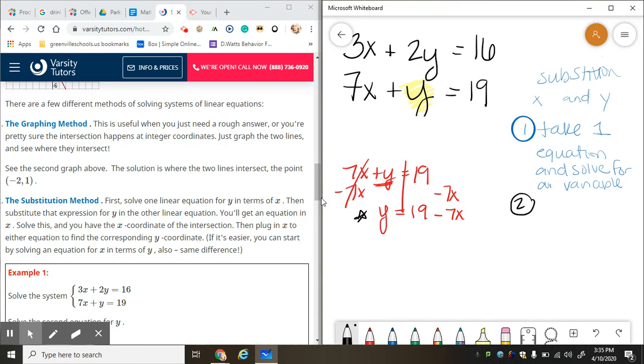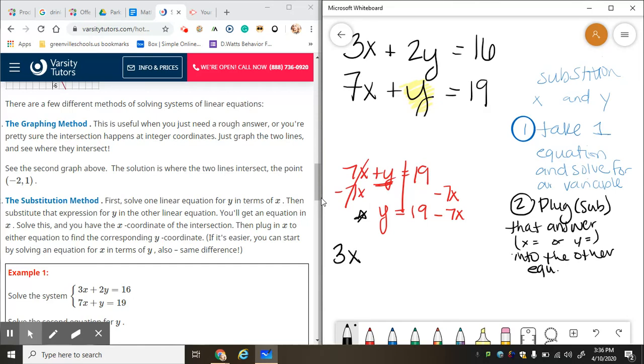Okay, so next, step number 2 is to plug or substitute that answer, whatever your variable, your x equals or y equals, into the other equation. In the other equation, it said 3x plus 2y equals 16, where I have a y and a y.